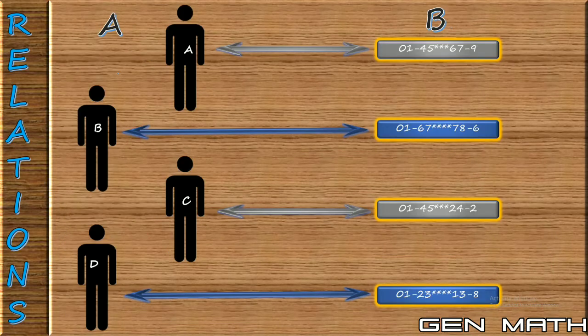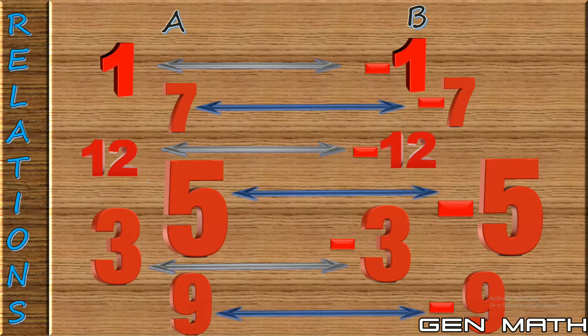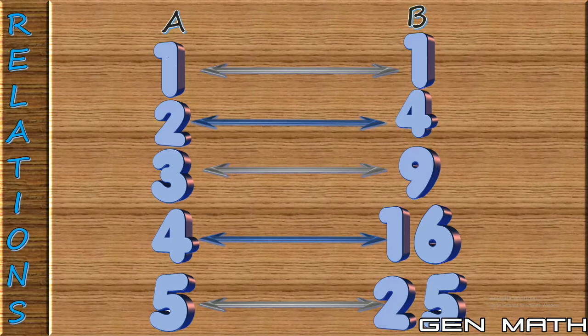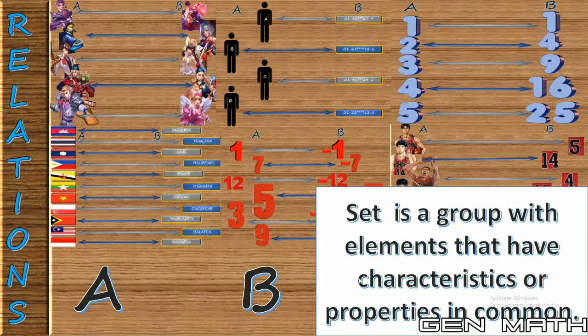Here in set A, these are all private employees, and in set B, these are all SSS numbers. In this example, set A are all positive numbers and set B are all negative numbers. In this example, set A are all numbers and set B are all perfect square numbers. Okay, so those are their common characteristics.